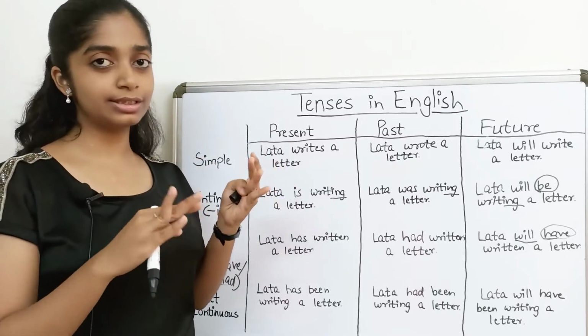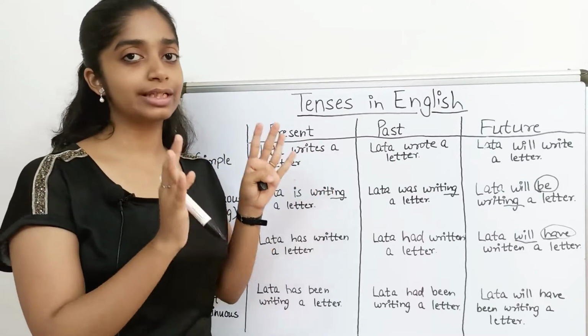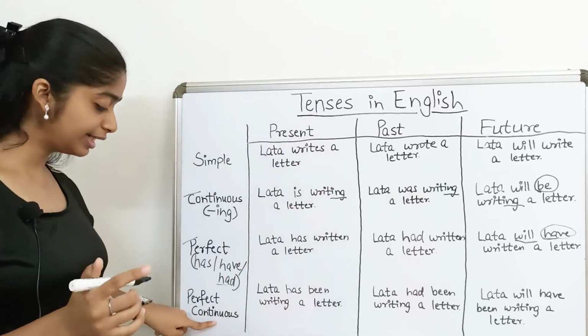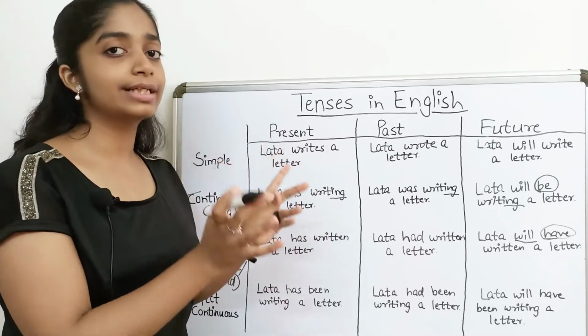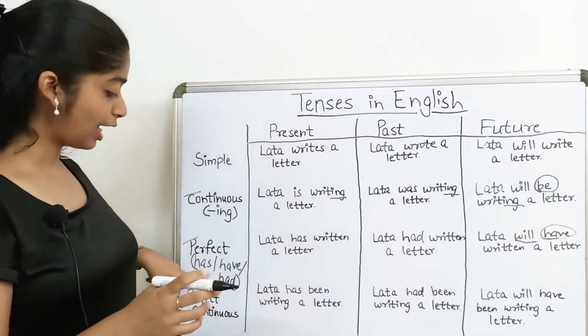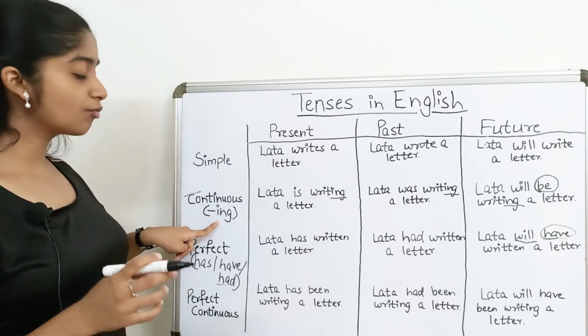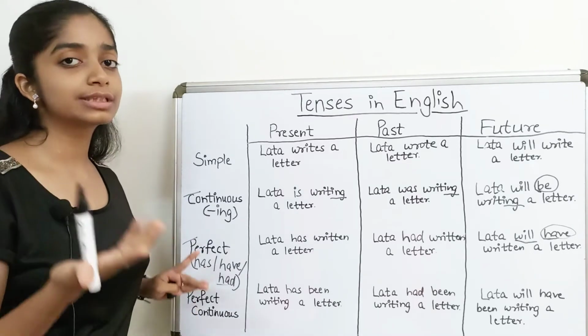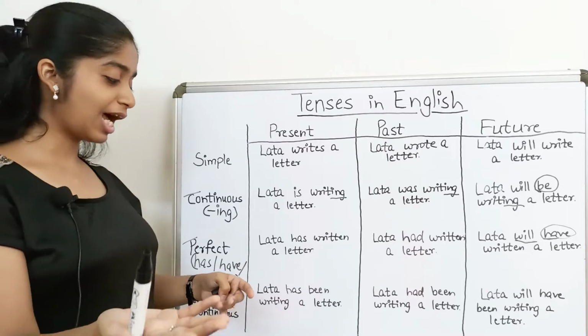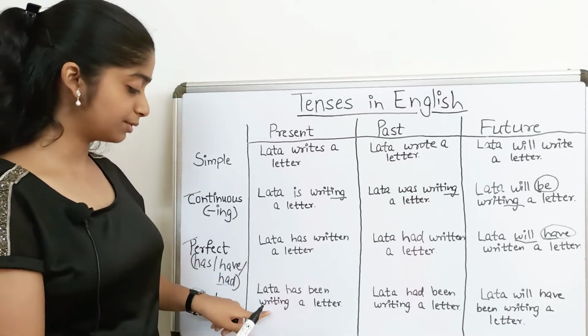One of these three words will be present in the sentence. And continuous means an ing word will also be present in the sentence. So has, have and had along with an ing will make a perfect continuous tense. Now let us have a look at the examples.